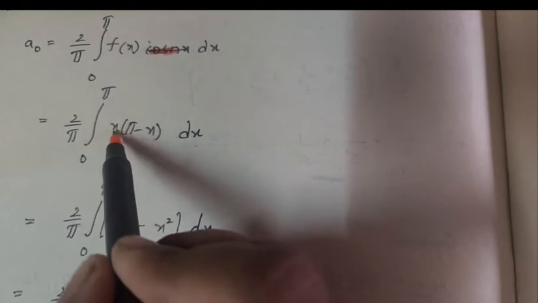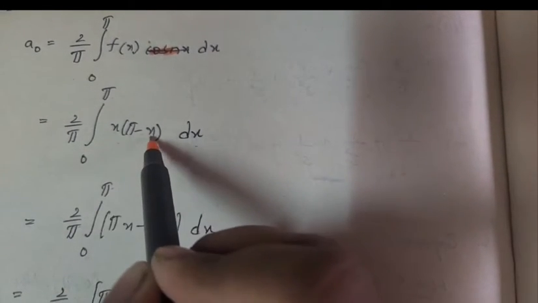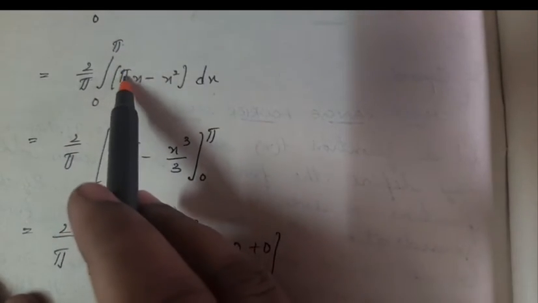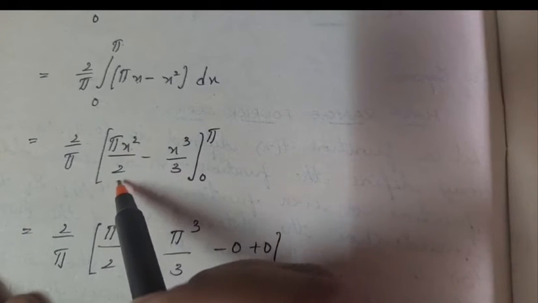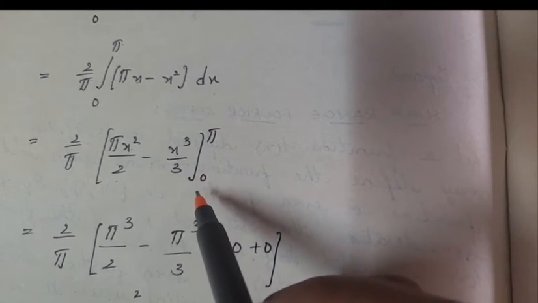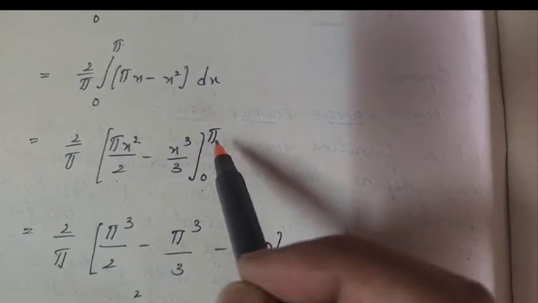So 2 by pi integral 0 to pi of pi x minus x square dx. Now integrating, this is 2 by pi. Pi is a constant. Integral of x is x square by 2 minus integral of x square, which is x cube by 3, between the limits 0 and pi.